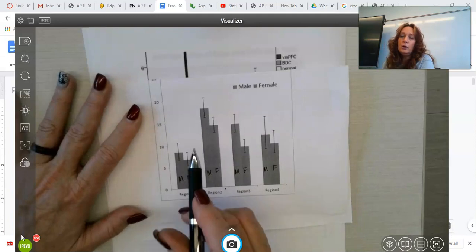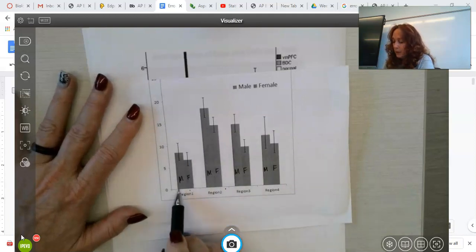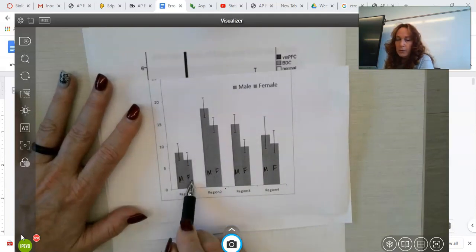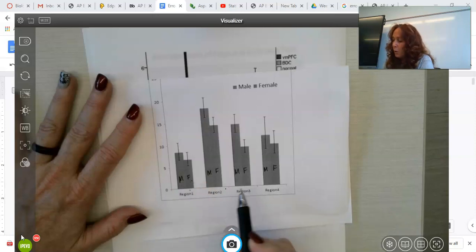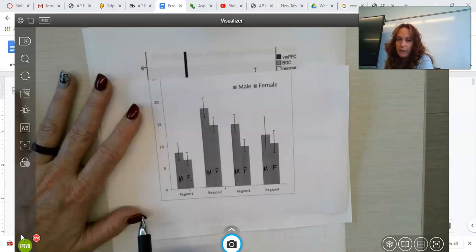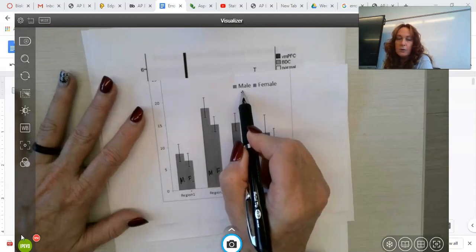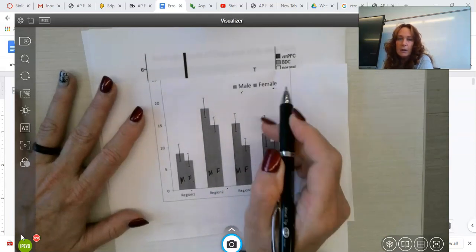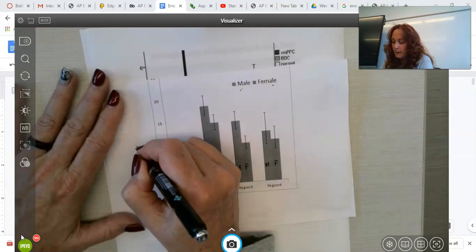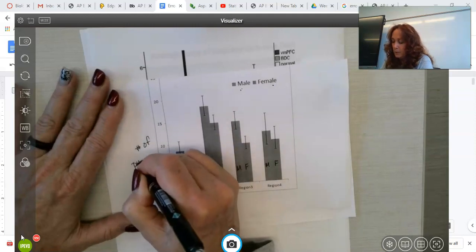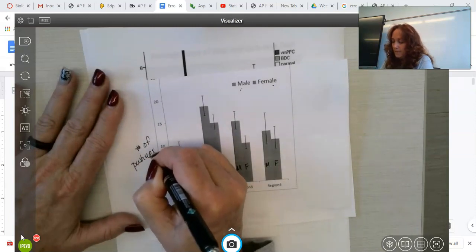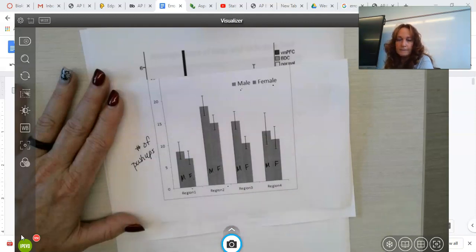And here you can do either comparison within the region between the males and the females, or you can compare all the males over the different regions. There's a lot of things you have to pay attention to, what the question's asking. So if the question was, is there a difference between males and females in the, I don't know, I'm going to make this up, number of push-ups in these different regions.